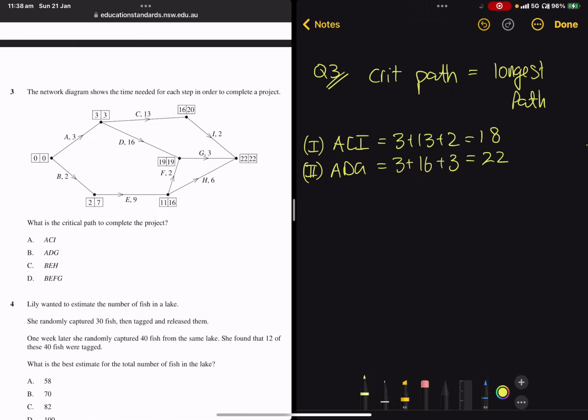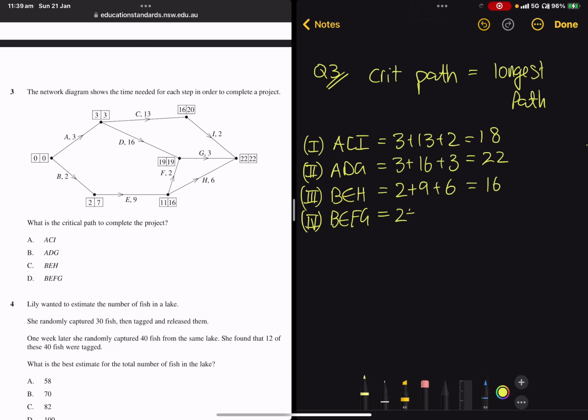Then we have path BEH. This takes us along 2, then 9, then 6. 2 plus 9 plus 6. This is equal to 16. And then our last path, our fourth path, we have BEFG.